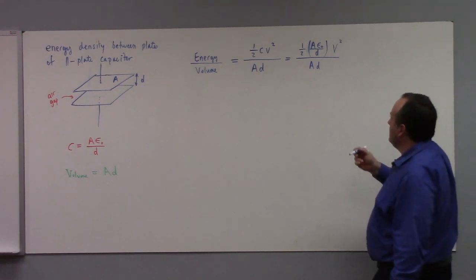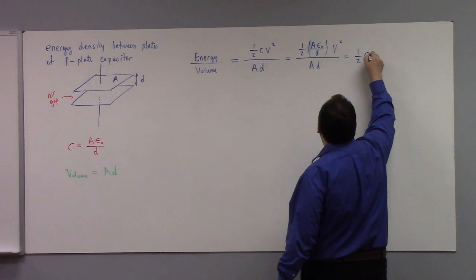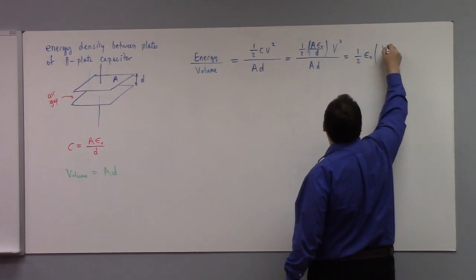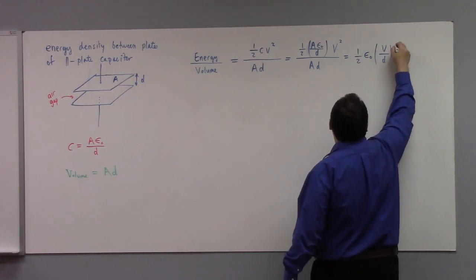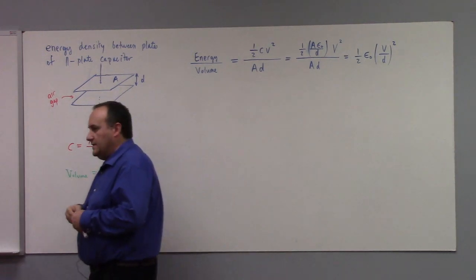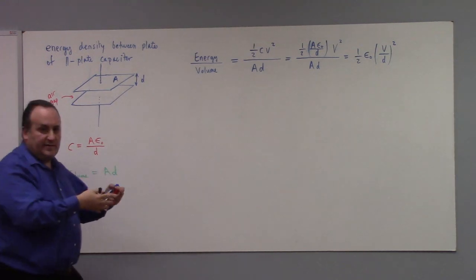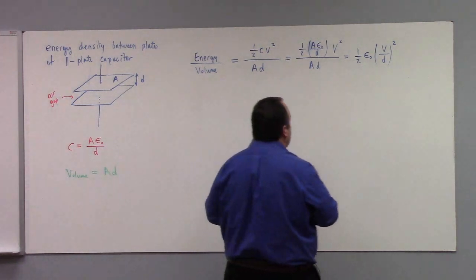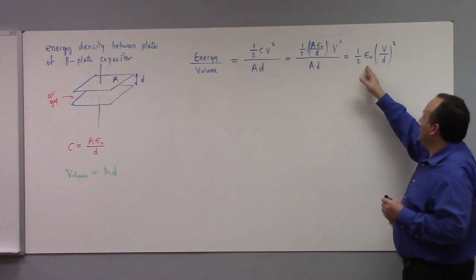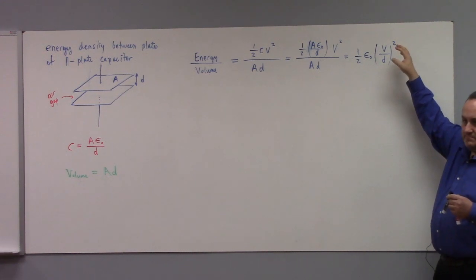So we get 1/2 epsilon naught (V over D) squared. That's a fine formula right there. This is one description of the energy density: 1/2 epsilon naught times the voltage divided by the distance between the plates, squared.